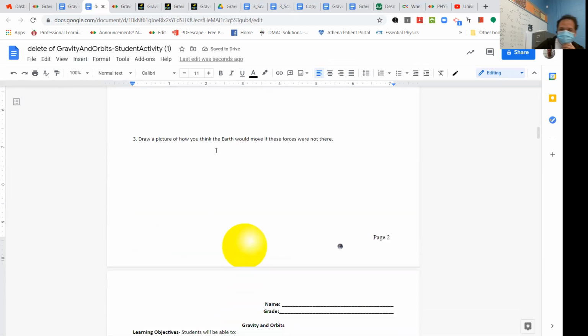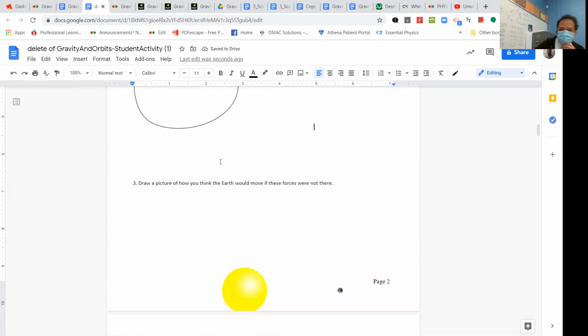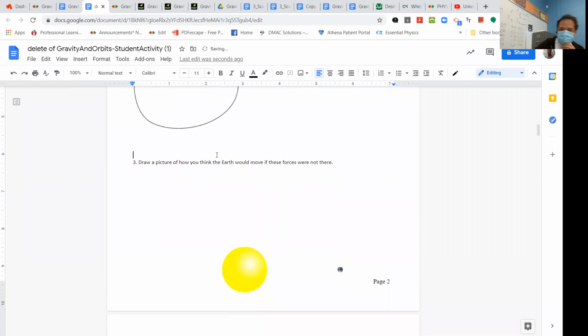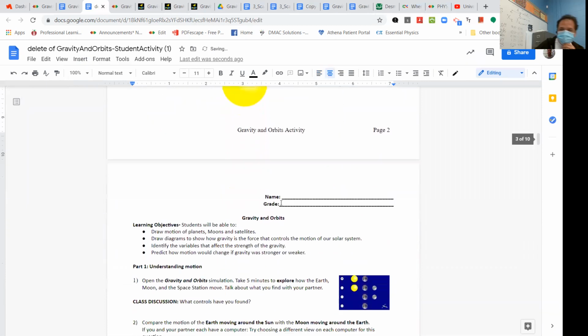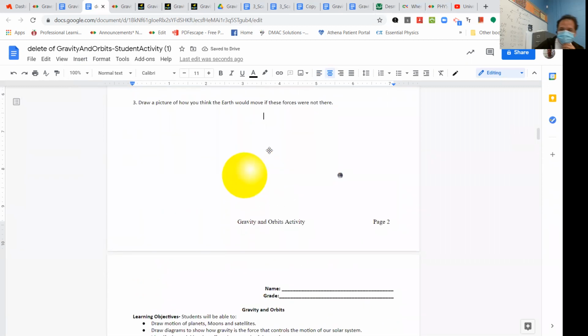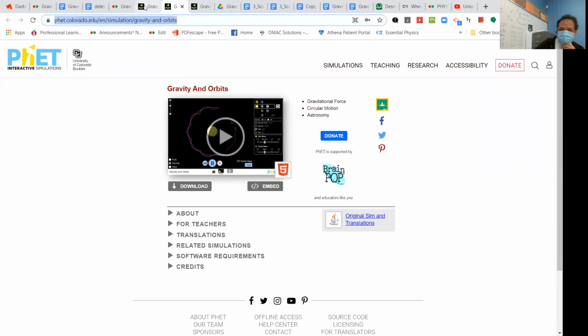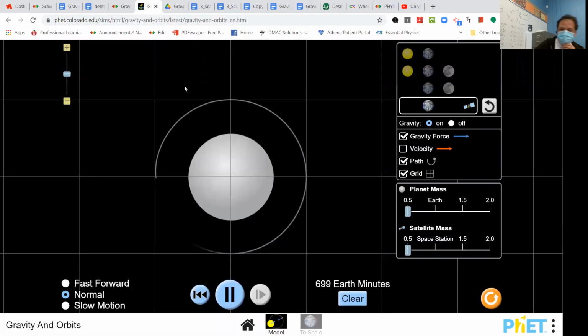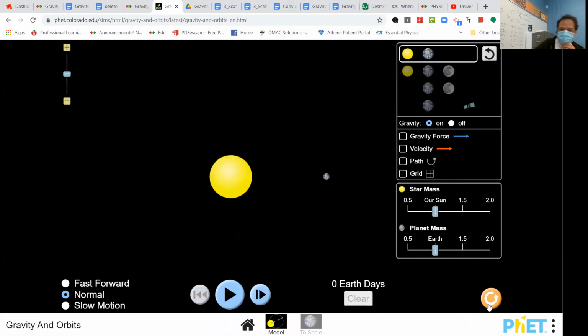Draw a picture how you think the Earth would move if the forces were not there. Okay, so this is an interesting one. Well, let's take a look at that. So let's put the Earth and Sun. Let's reset it.